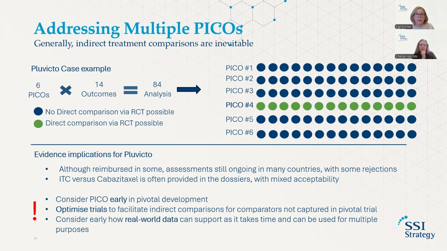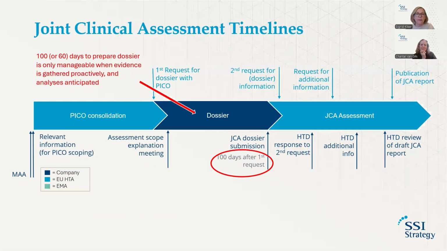Yeah, I think we are at the last slides, luckily, so we can look at the questions. Quite some questions are coming in. So here we just bring back the timeline, and after hearing all this complexity regarding the many different PICOs that could be requested, as well as the comprehensiveness of the dossier, I think it's quite easy to understand that you really need to be prepared before you submit, and you can't create the evidence during this 100-day or even 60-day window.